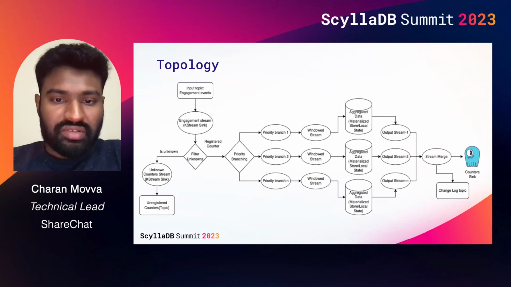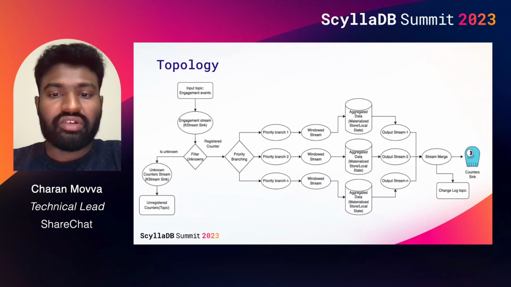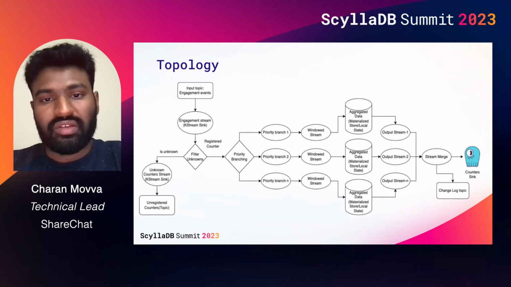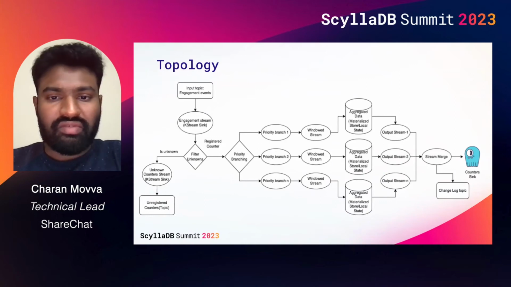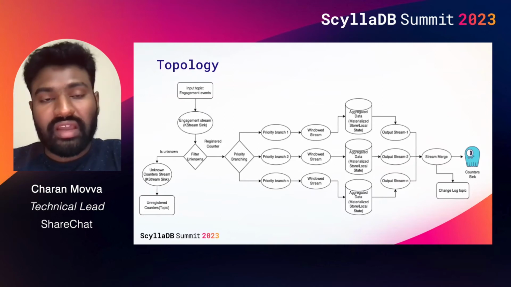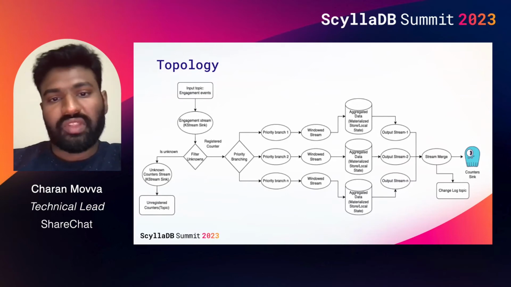Although we could have skipped this step, we could also easily get away without merging the streams and then process them. It is the same thing at the end of the day. Also, after updating the count, even before updating the counters in the sink, we log the changes in a change log topic, right?